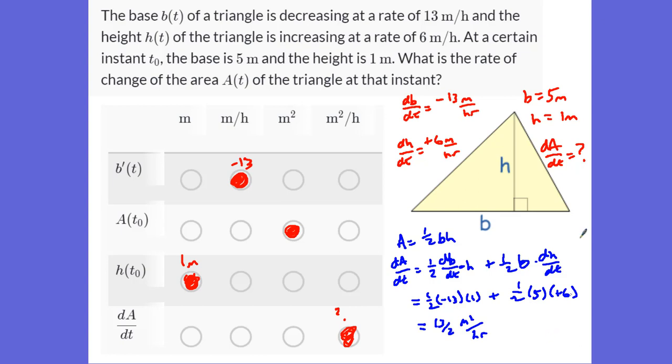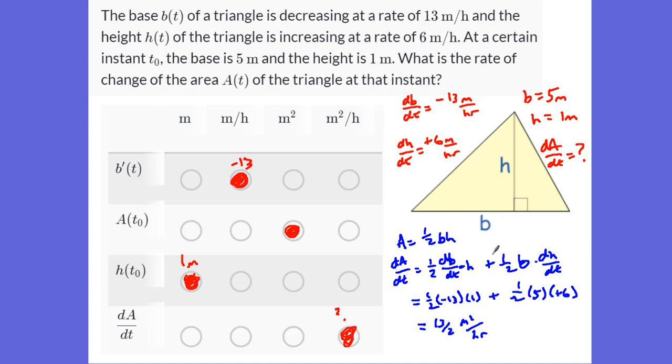Now, let's say the base was fixed, the base is not going to change. Only the height changes. Then dB over dt would be 0. Or let's say the height doesn't change, but the base changes. Well, dh over dt would be 0. So any fixed value is going to be 0 in this rate of change.